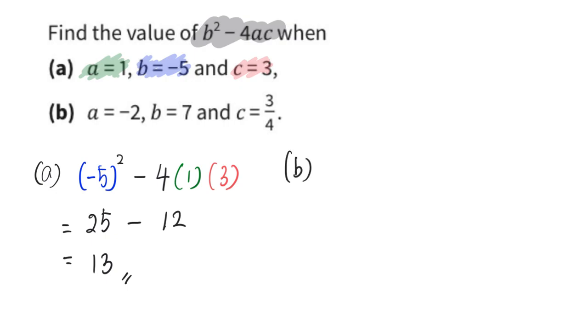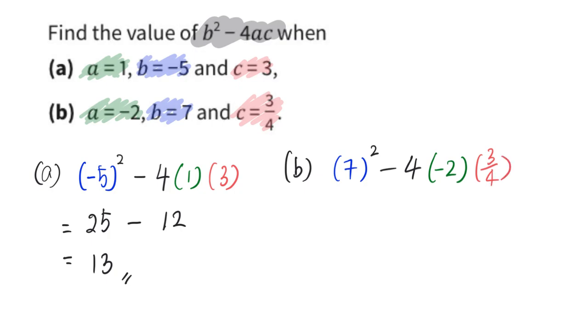Part B, we are going to replicate what we have just done for part A, just that the numbers are different. Okay, so I will have 7 bracket square minus my 4A, which is negative 2, and my C is 3/4. And you will have 7 times 7, 49. 4 times negative 2 times 3/4.